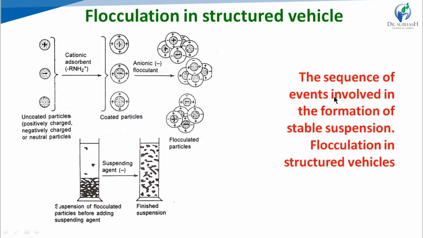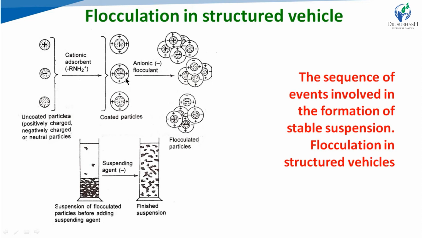We can see in a figure, for example, uncoated particles, which are positively charged, negatively charged and neutral. Here we are inducing the charge using a cationic adsorbent, and due to that the positive charge has been initiated and the particles have been coated.